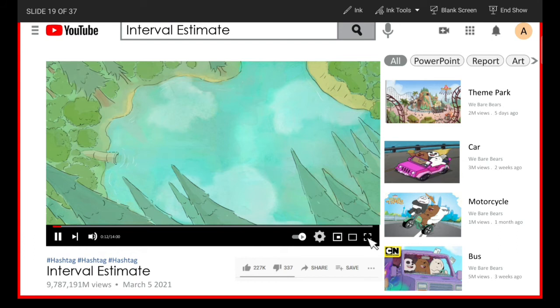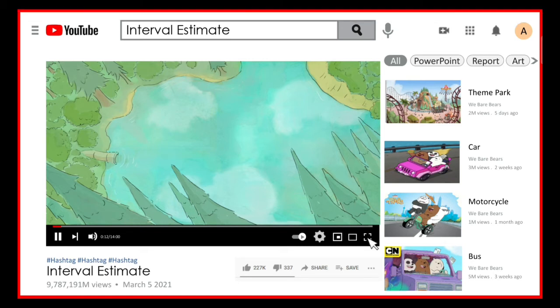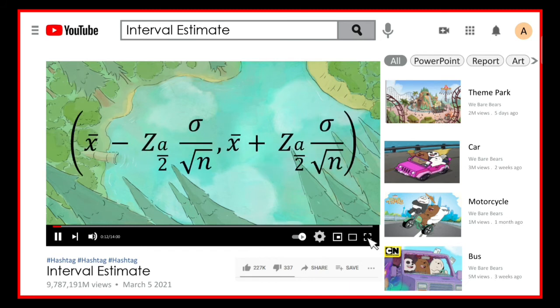Pag sinabi nating interval estimate, the member of the sample would fall within this interval of the true population. So the formula for the interval estimate, we have the sample mean minus the z-value at 1 minus alpha over 2, or the z-value sub alpha over 2 multiplied by the population standard deviation divided by the square root of the sample size.